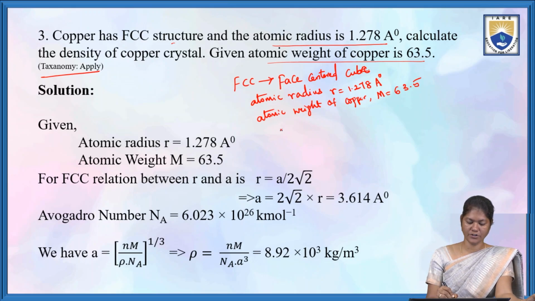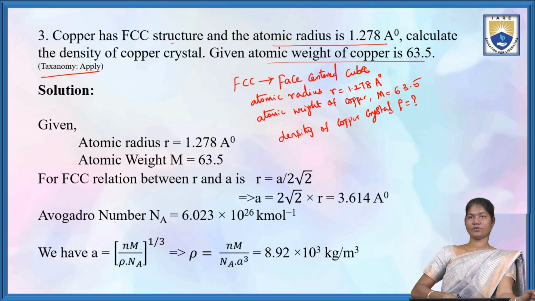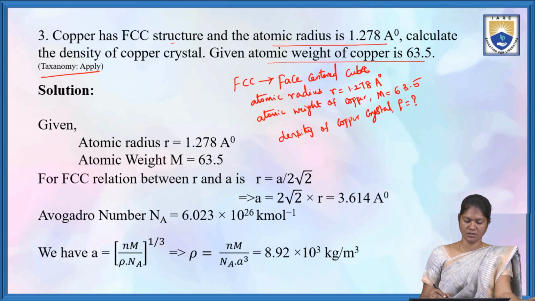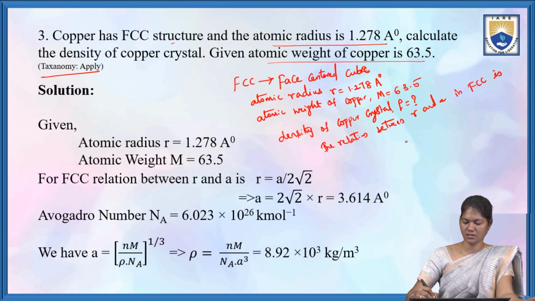So here we need to calculate the density of the copper crystal. The relation between R and A in FCC is R equals A by 2 root 2.